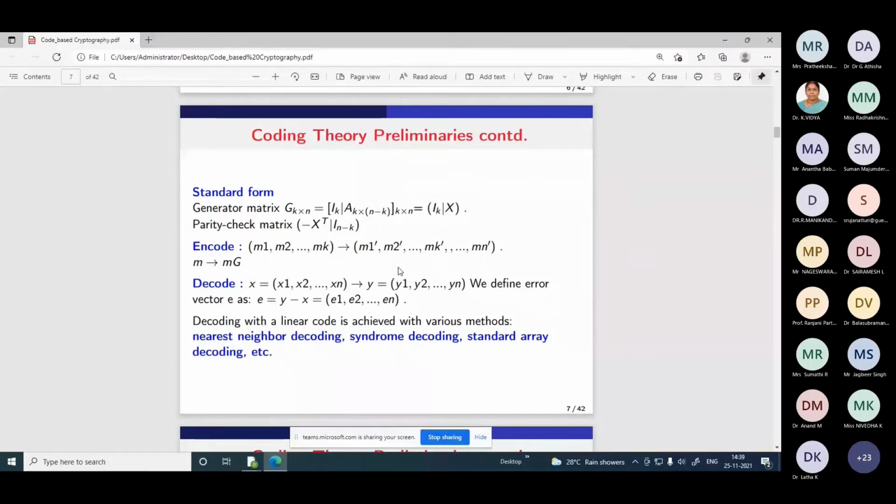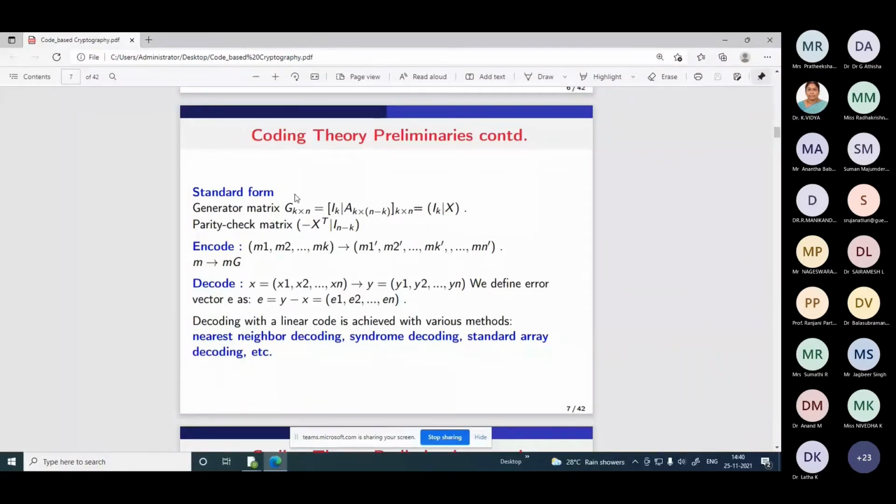Any generator matrix you can reduce into a standard form. The first K cross K block will be the identity, and the remaining elements you can take as X. When a generator matrix is known, you can also find the parity check matrix of the code. It is minus X transpose concatenated with the identity matrix of order n minus K.